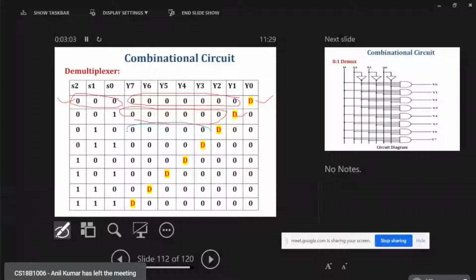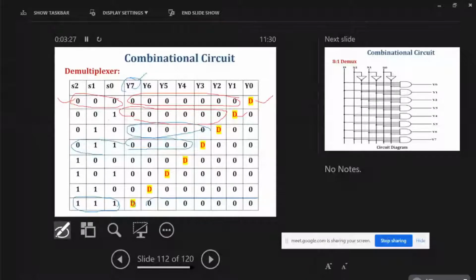For 0 1 1, it will appear across Y3 and the remaining lines other than Y3 will be 0, and so on. For the last combination 1 1 1, the input D will appear through Y7 and the remaining lines other than Y7 are 0. On the basis of this, we can find out the Boolean expression.